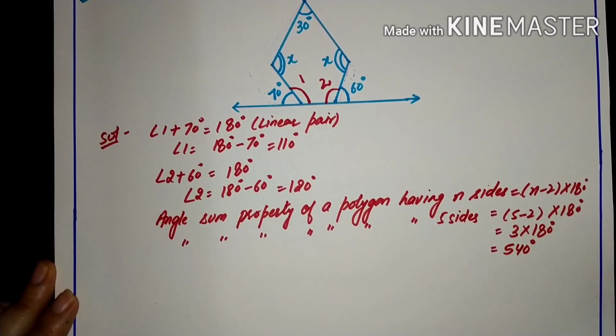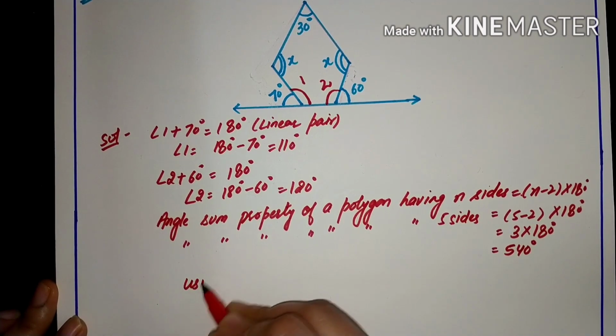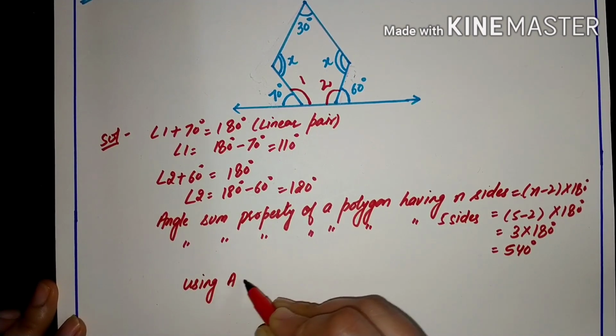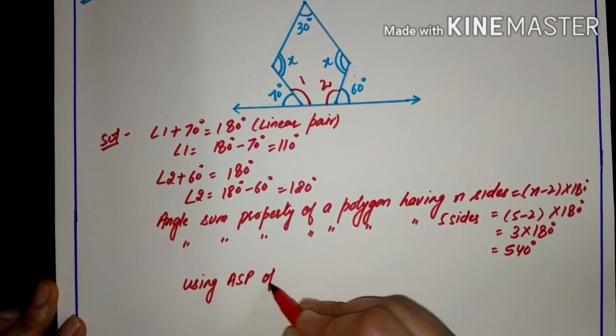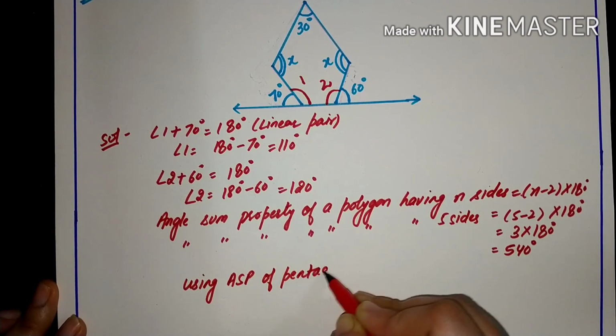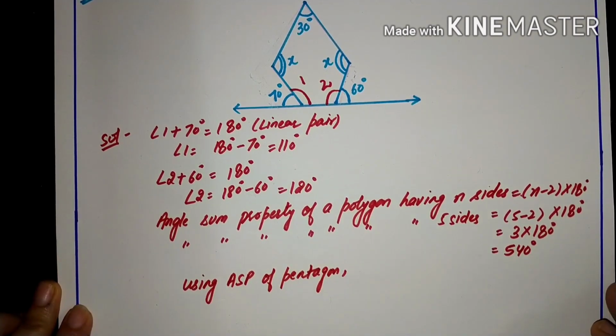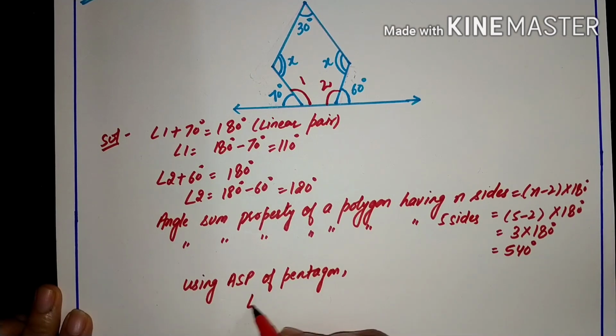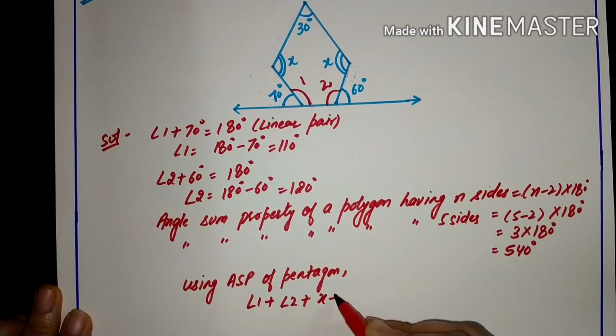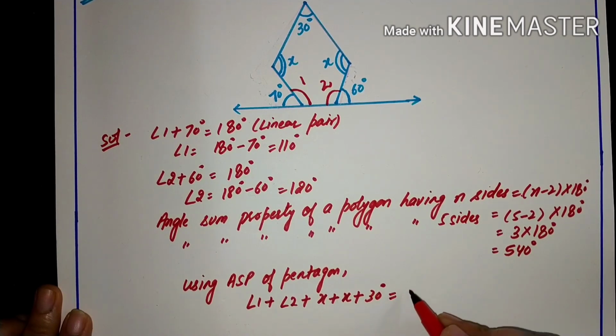So we have got the angle sum of a pentagon. Now we will apply it. What should be the sum of all angles? That is 540. So angle 1 plus angle 2 plus x plus x plus 30 degrees should be equal to 540 degrees.